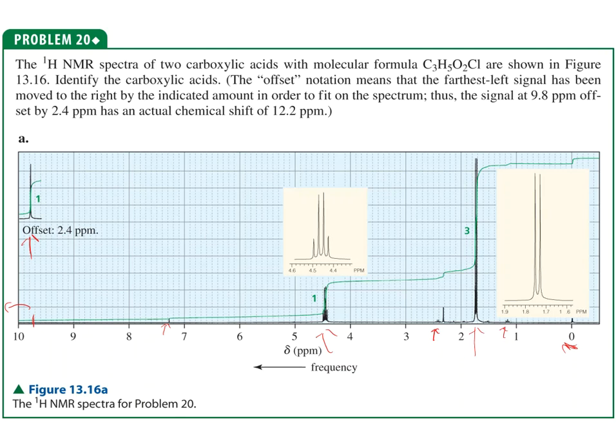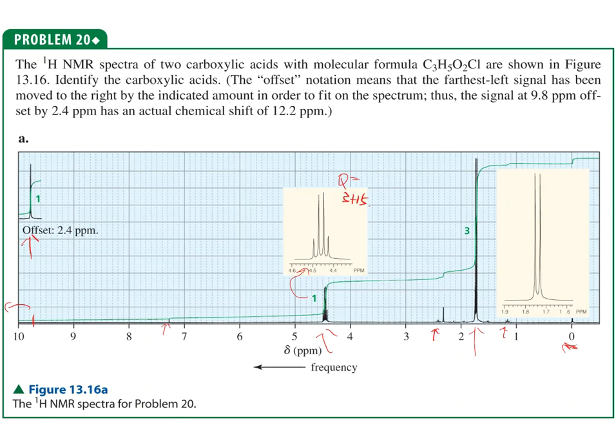However, I know a little bit of information here. This one, it looks like at 4.4, 4.5 right there is enlarged. And this is a quartet. So that quartet means that there's 3 adjacent hydrogens. Maybe. Don't know until I draw the structure and see if it matches.